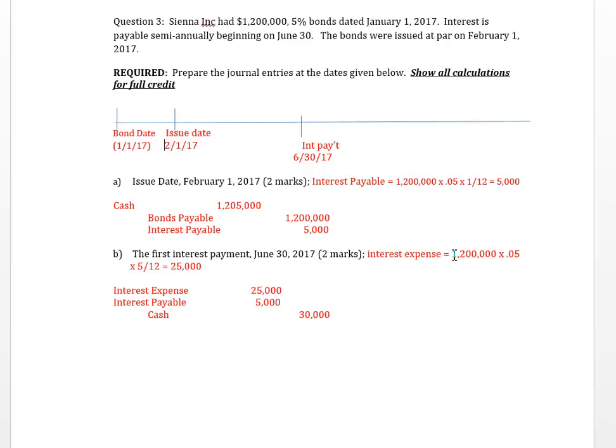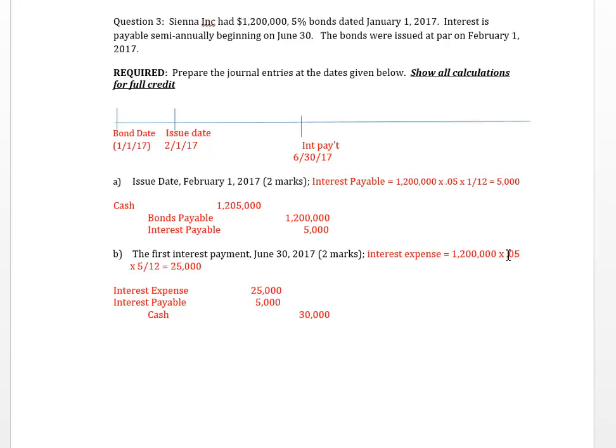So interest expense is going to equal the face value times the yield. I'm saying the coupon because don't forget, when we have a par value bond, the coupon of 5% and the yield are the same, and we always use the yield to calculate interest expense. So 1.2 million times our yield, which happens to be the same as the coupon because we have a par value bond, times 5 months of 12.